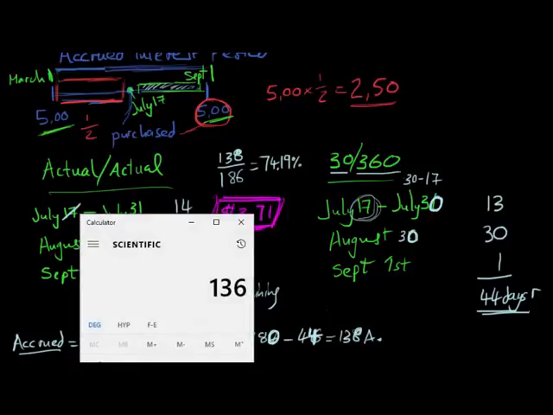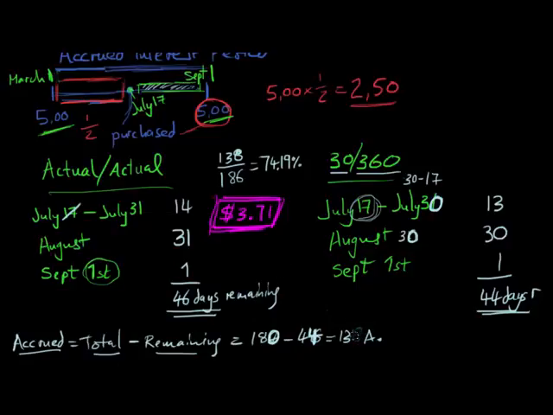So we've got 180 minus 44 equals 136. By starting with 180 instead of 184, we subtract 4 days to account for that, and then by subtracting 2 less we add back 2 days, so we come back to 136. So the final number we've got is 136.